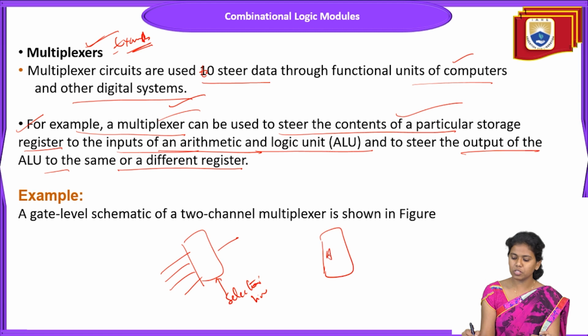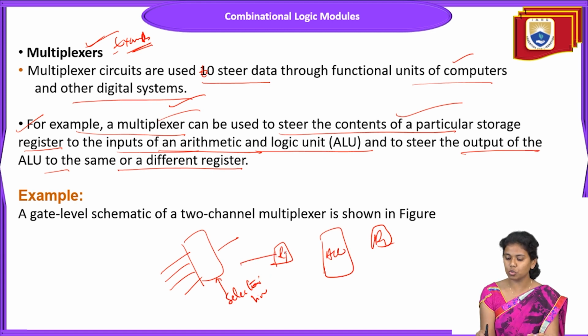Suppose this is an ALU and here are some registers, R2 and R1. The multiplexer helps the register give the information to the ALU, in order to perform some logical operations and get the output. The multiplexer drives the input using register R1, and finally whatever output we observe will be stored in register R2.